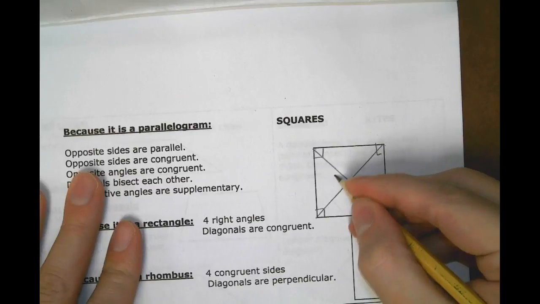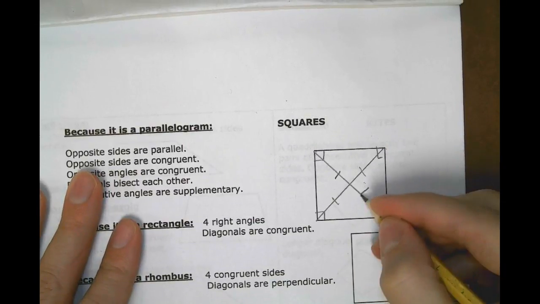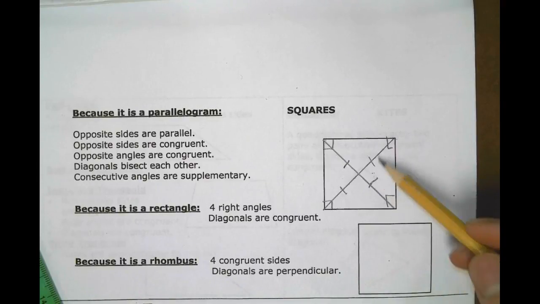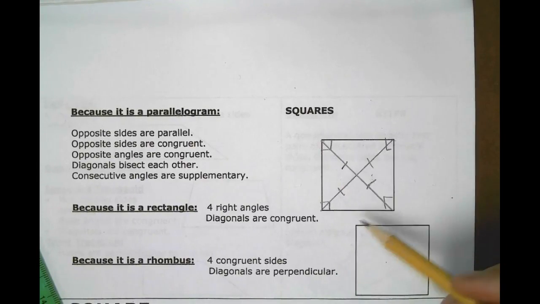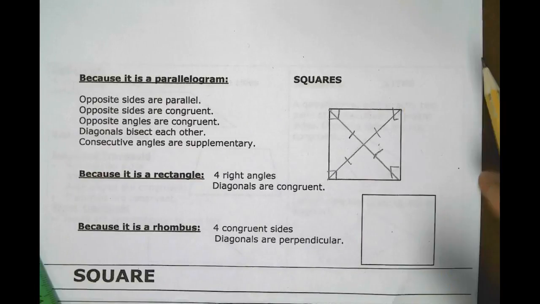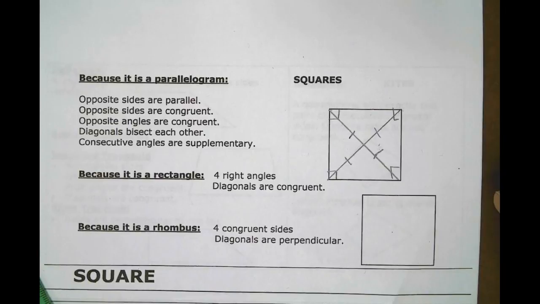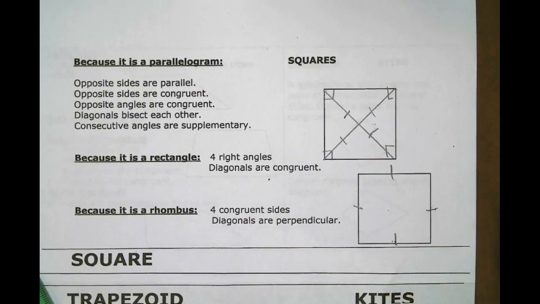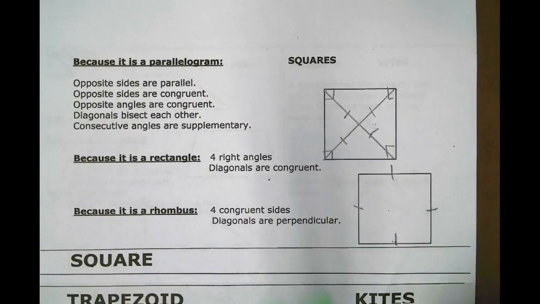But more importantly, these are all the same. And if you notice, these make 4 isosceles triangles. It's a rectangle. It's a rhombus because we have 4 congruent sides. And the diagonals are perpendicular.